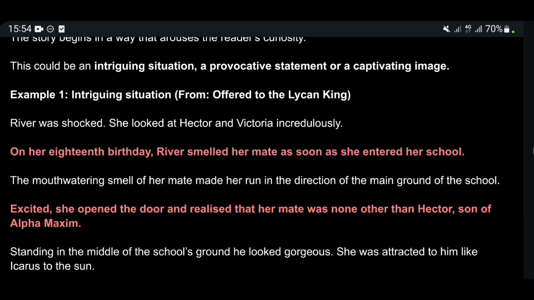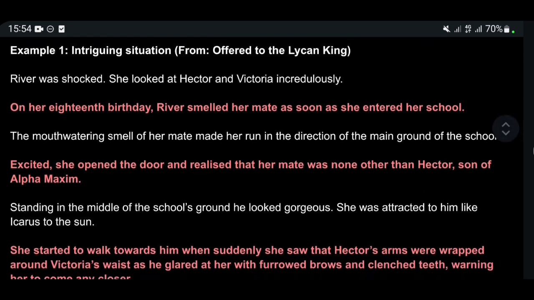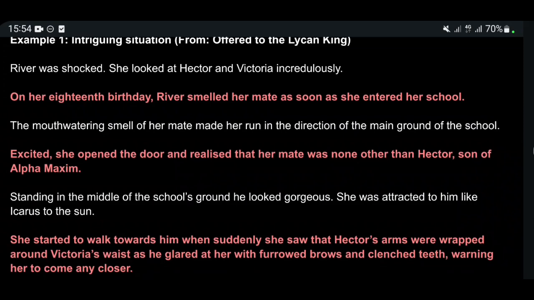River was shocked. She looked at Hector and Victoria incredulously. On her 18th birthday, River smelled her mate as soon as she entered her school. The mouth-watering smell of her mate made her run in the direction of the main ground of the school. Excited, she opened the door and realized that her mate was none other than Hector, son of Alpha Maximin.